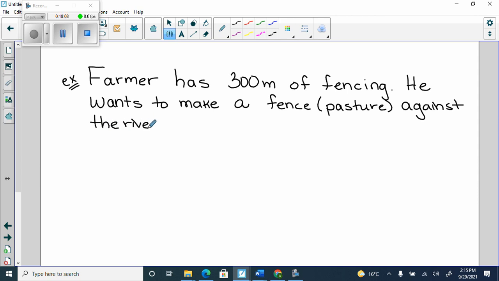We're not going to fence the river, just so you know. Determine the maximum area the farmer can fence.